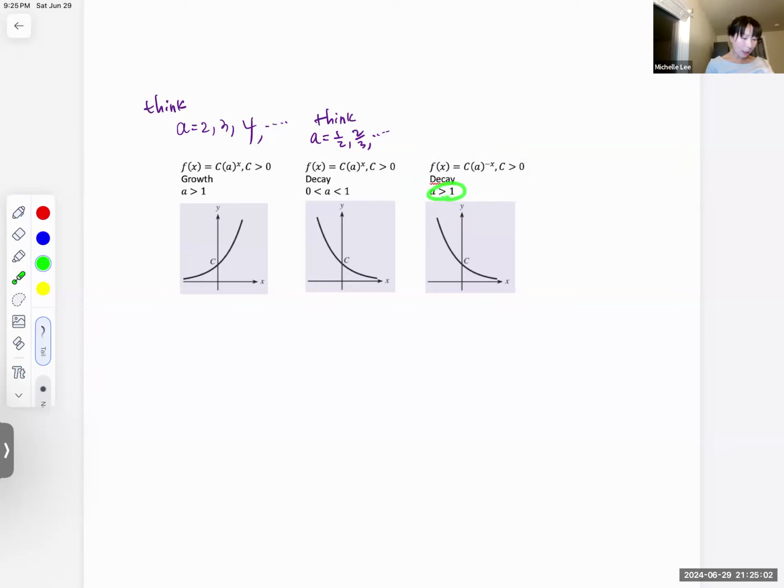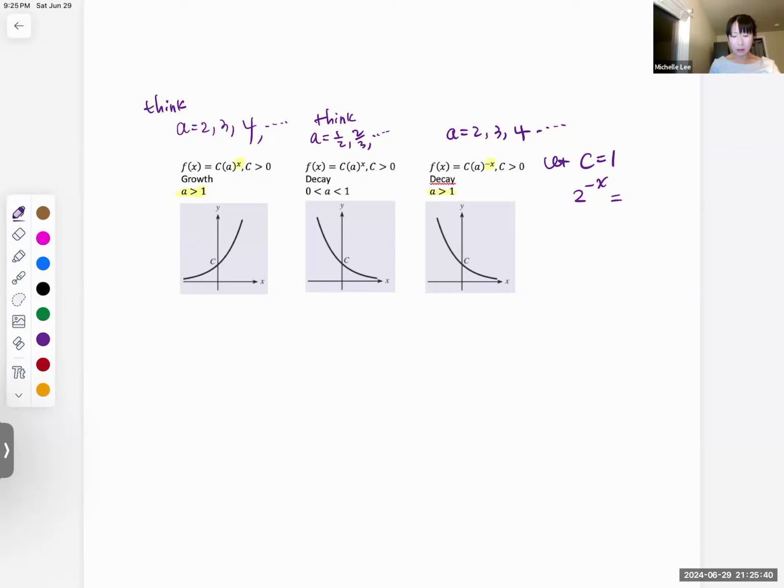But in that case, A is greater than 1. Look, what's the difference with here, right? So this is a positive, this is a negative, right? A is greater than 1, A is greater than 1 as well, right? So if A is 2, 3, 4. So if we express, let's say that C equal to 1, right? 2 to the negative x, yeah.